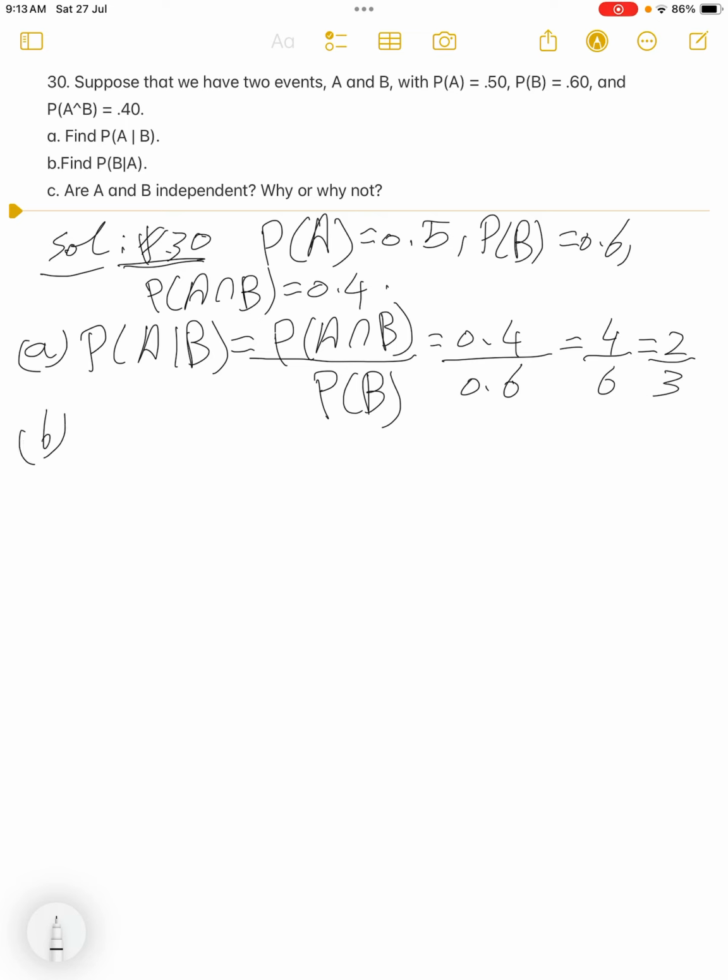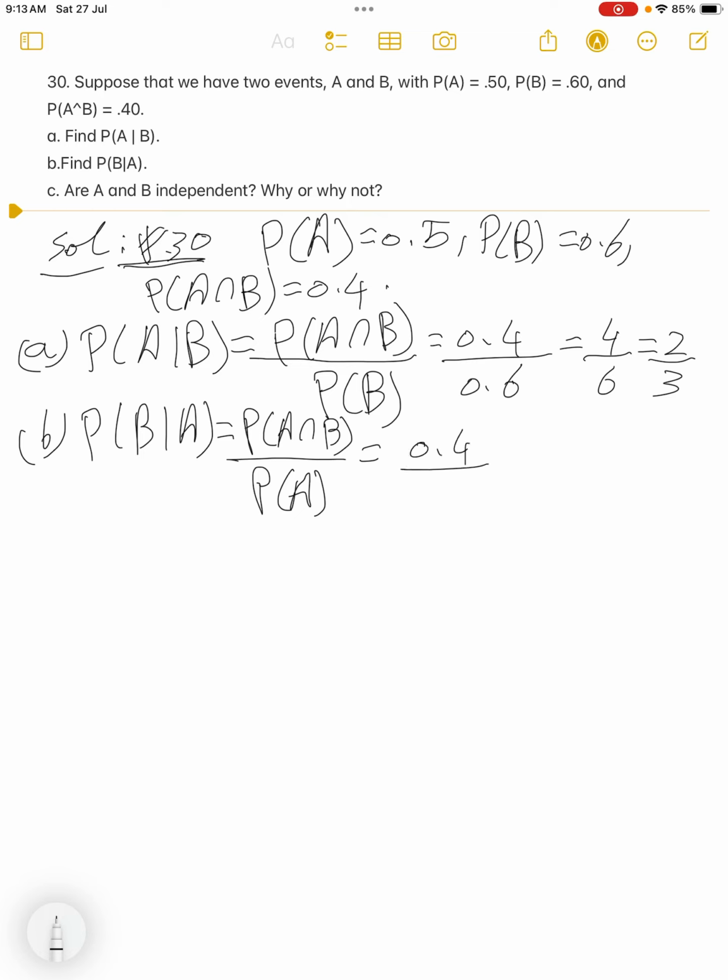Number B, probability of B given A, which is the probability of A intersection B divided by probability of A, 0.4 divided by 0.5, which is 4/5.